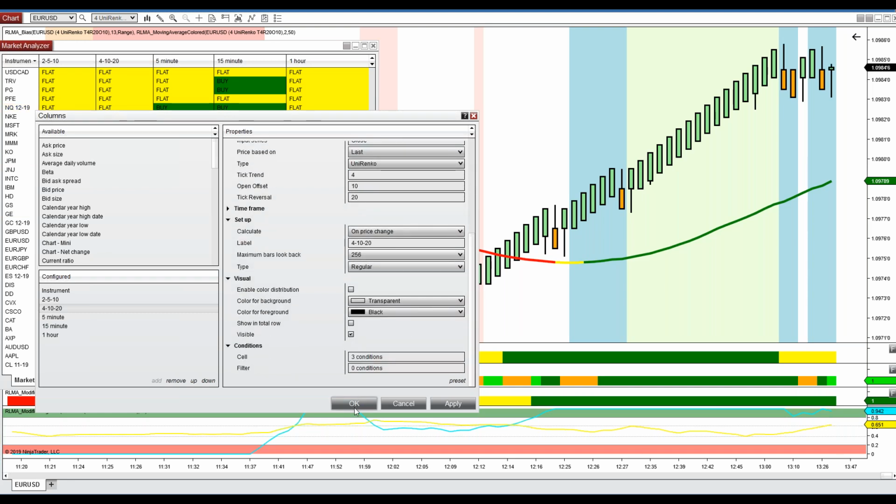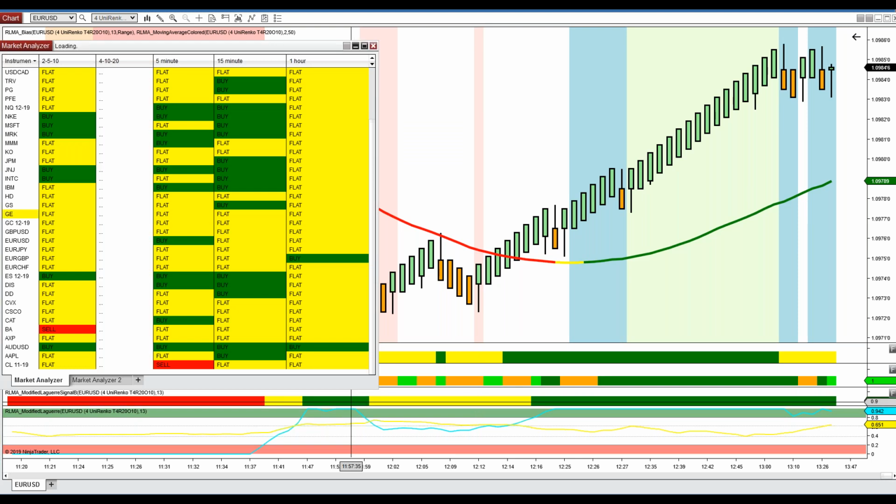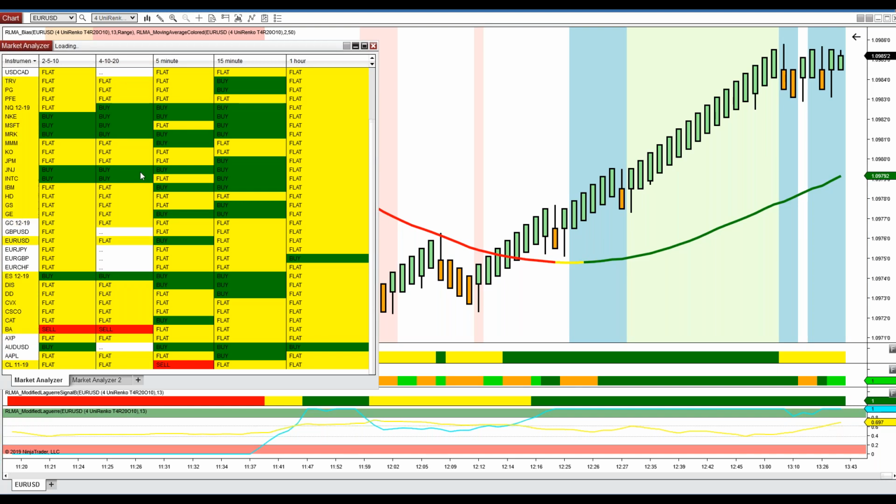And again, you don't have to reset these. Now it's going to recalculate, and all of this stuff is going to come pre-formatted, so you don't have to worry about that. And see, now the Euro USD is reading what it should, flat. No signal and no buy.